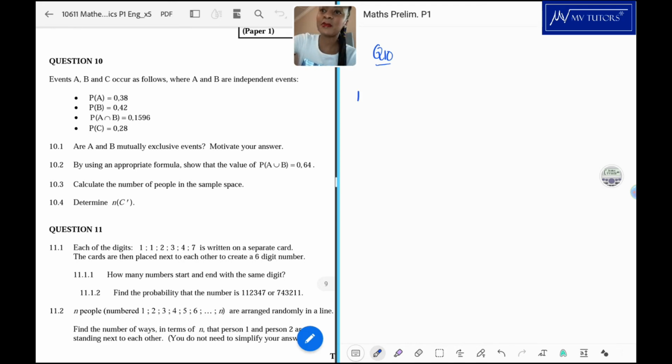So it means the probability of A and B is equal to the probability of A times the probability of B. That is the product rule, right? Let's just see what they are looking for.